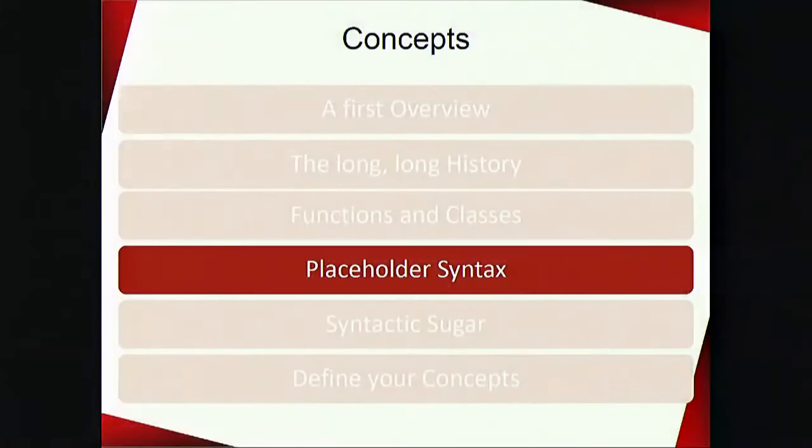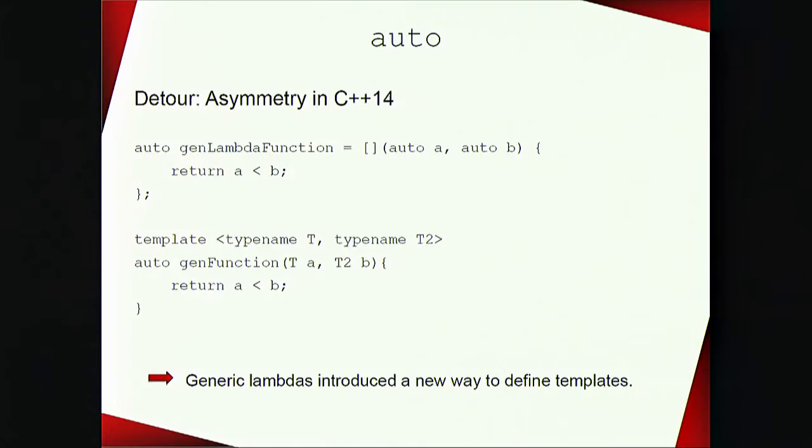now to the fun stuff. But first I have to make a detour. You know what I like about C++14, but also what I dislike about C++14. I'm a trainer, I have to explain the stuff. And what I like about C++14, we have generic lambdas. Maybe you know, I assume you know it.